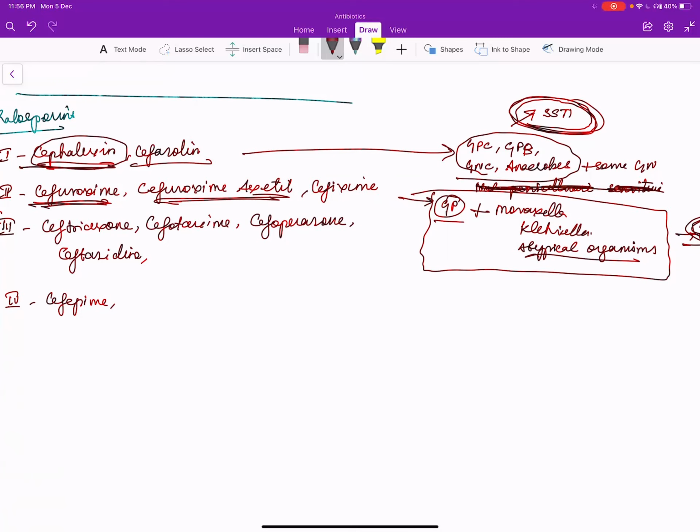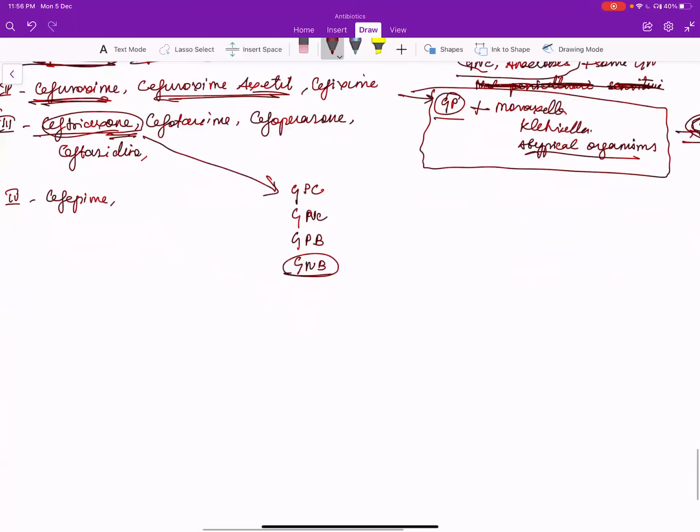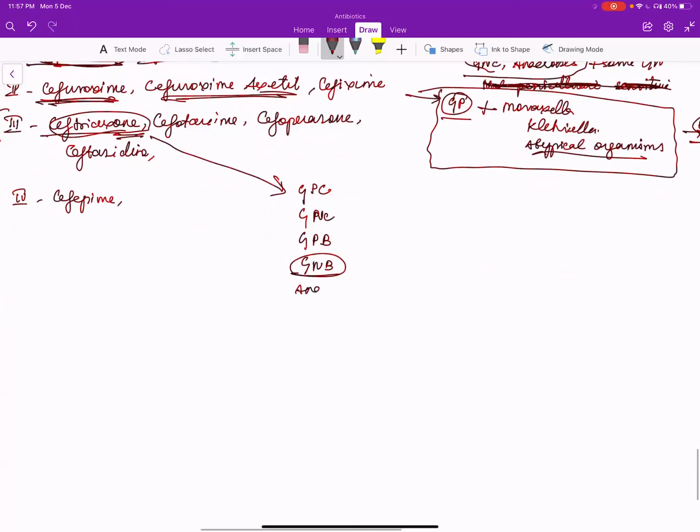Now come to ceftriaxone. Ceftriaxone is equivalent to penicillin, so we'll discuss ceftriaxone separately. I told you it covers the same spectrum as penicillin: gram positive cocci, gram negative cocci, gram positive bacilli, gram negative bacilli. Third generation covers more of gram negative also, plus some anaerobes and spirochetes.